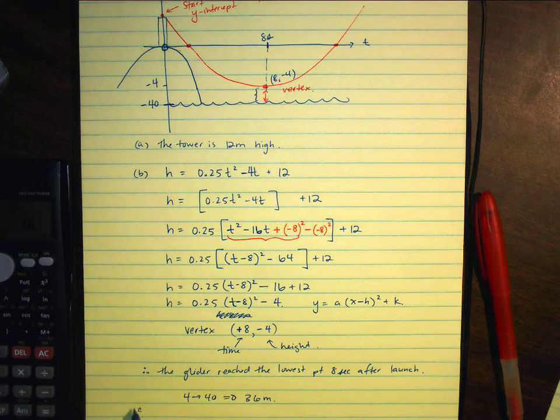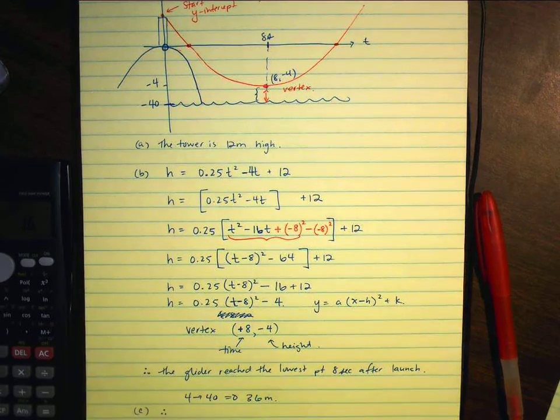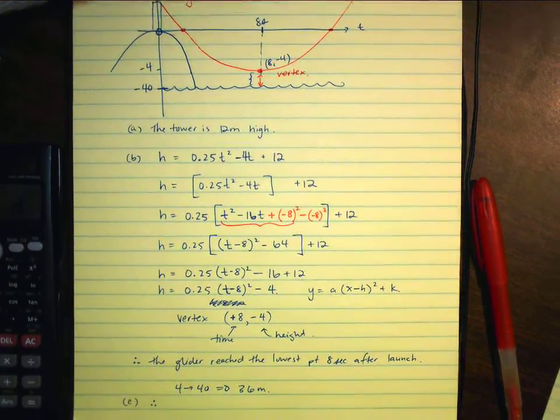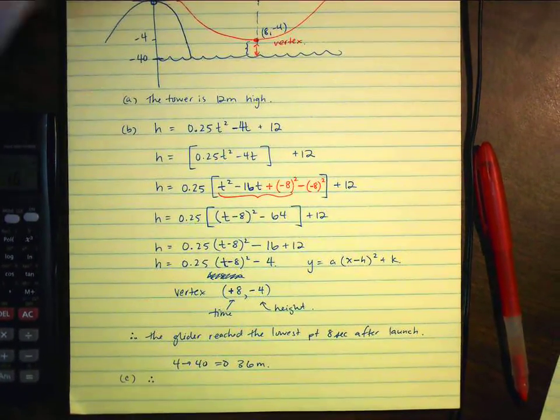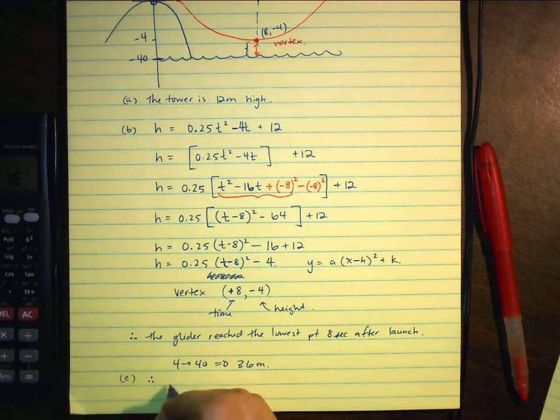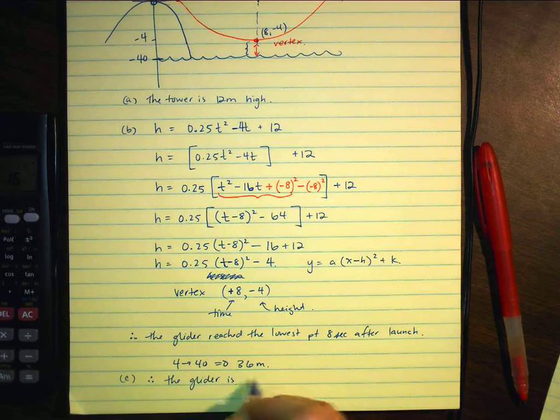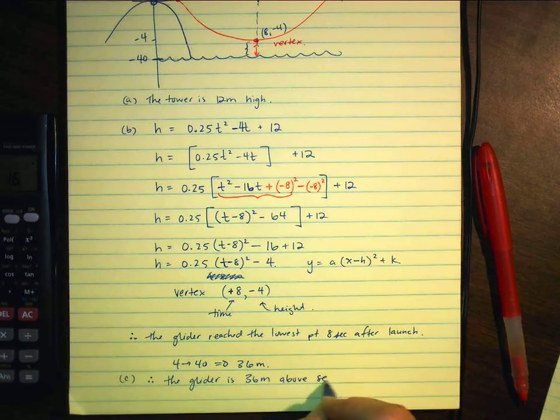So that's for C. Okay. So therefore the glider, can you guys see that? The glider is 36 meters above sea level.